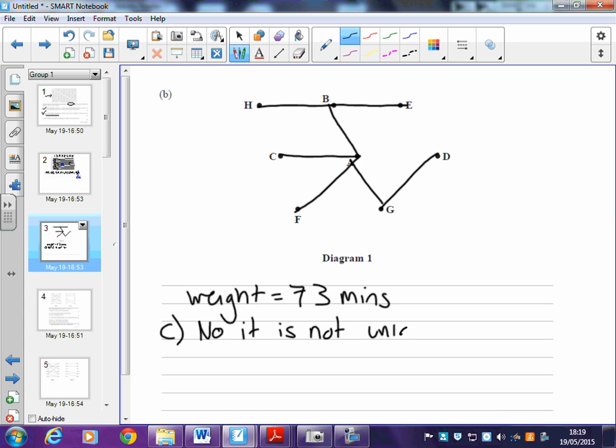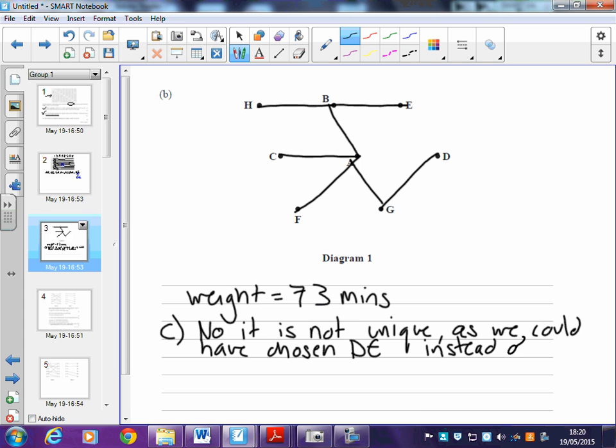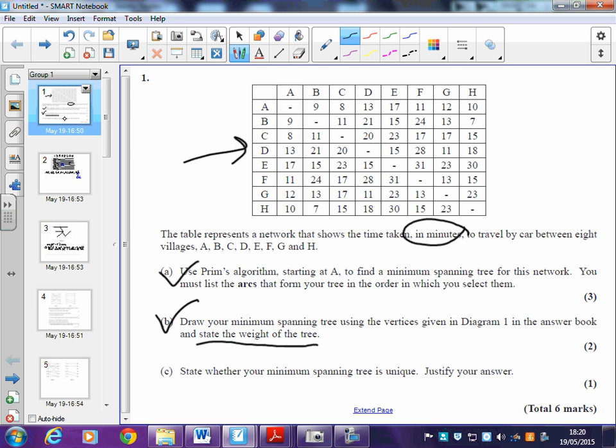And remember, we need to justify our answer. So I'm just going to say, as we could have chosen DE instead of BE. So we've done that, we've justified our answer, so that is part C.